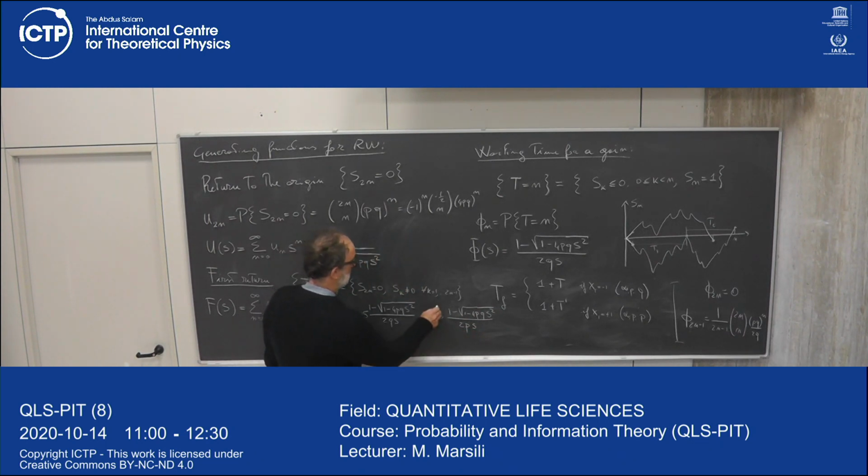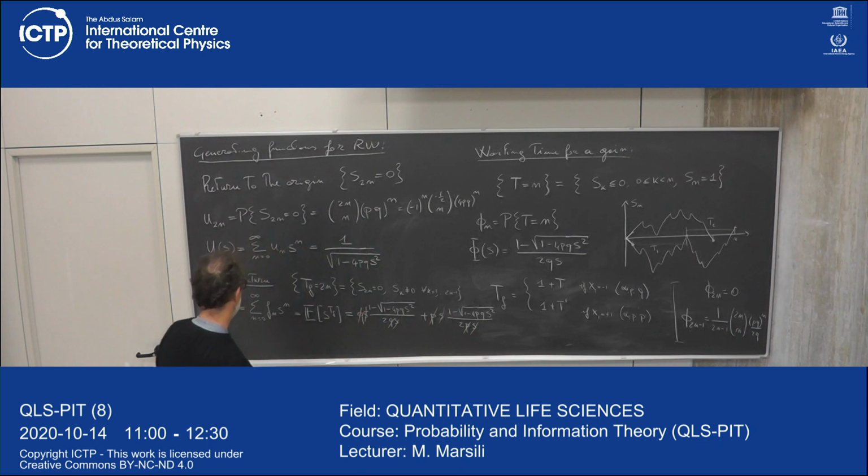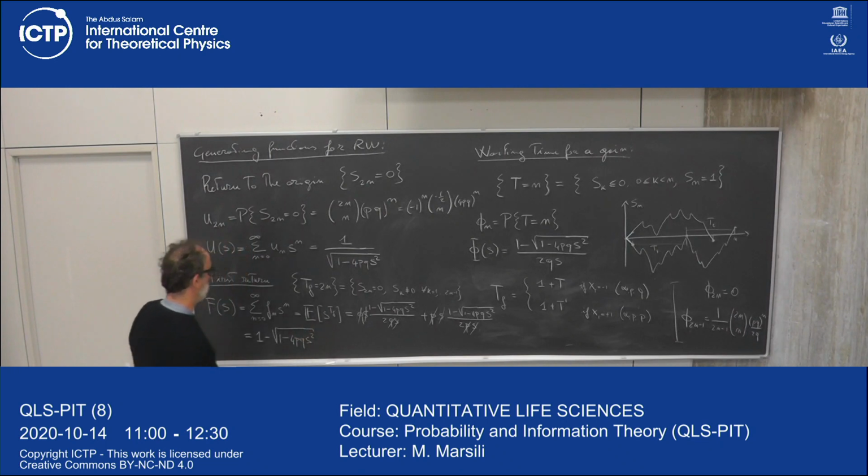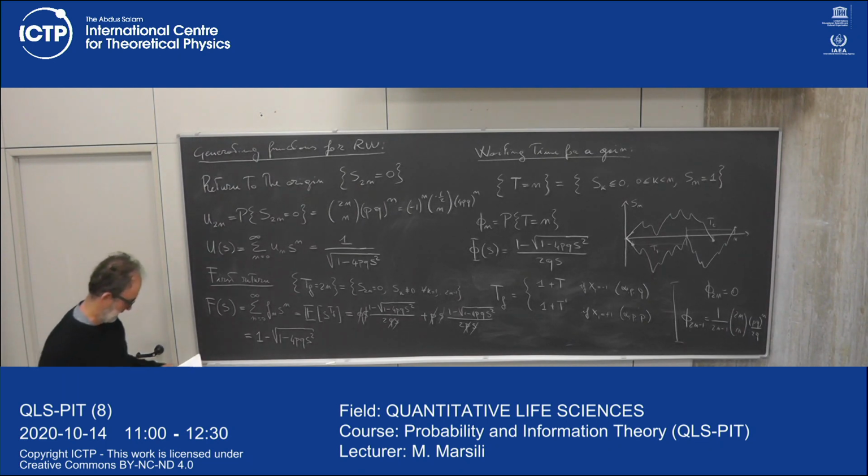So you see that these things simplify, and I get a very simple expression, which is 1 minus the square root of 1 minus 4pq times s squared. So this is the generating function for the first return times.